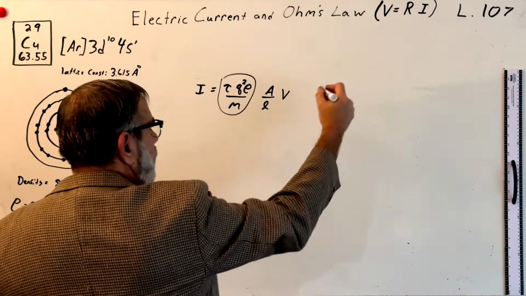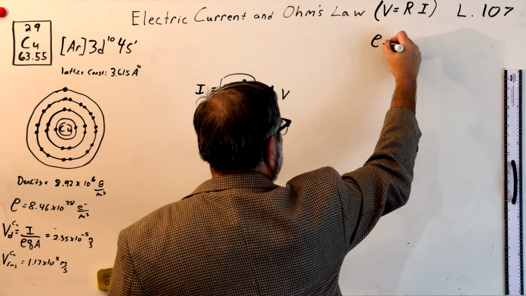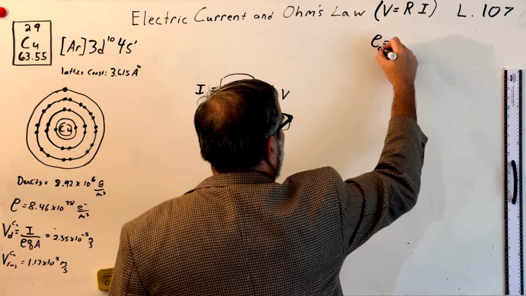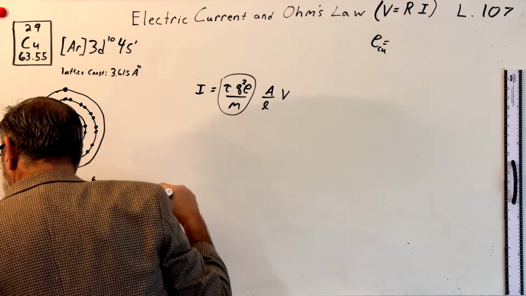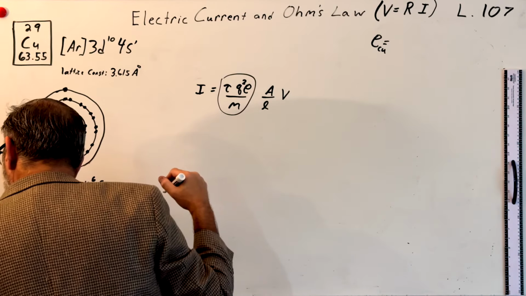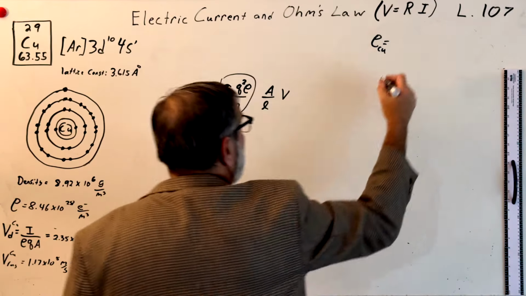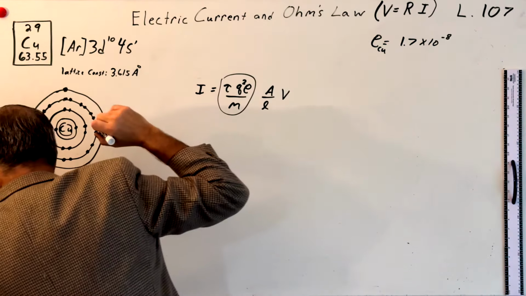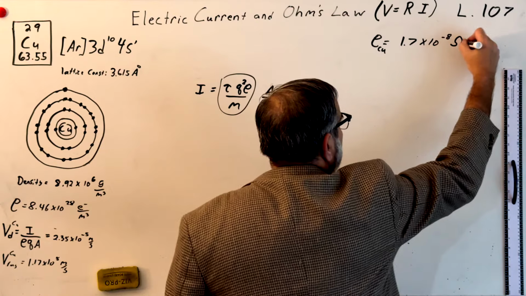The data we need to look up is the resistivity of copper. I'll write it like this, which makes it a little nicer, so we don't have to mix it up with our charge density rho that we used before. Where's my number? It's 1.7 times 10 to the minus 8 ohm meters.